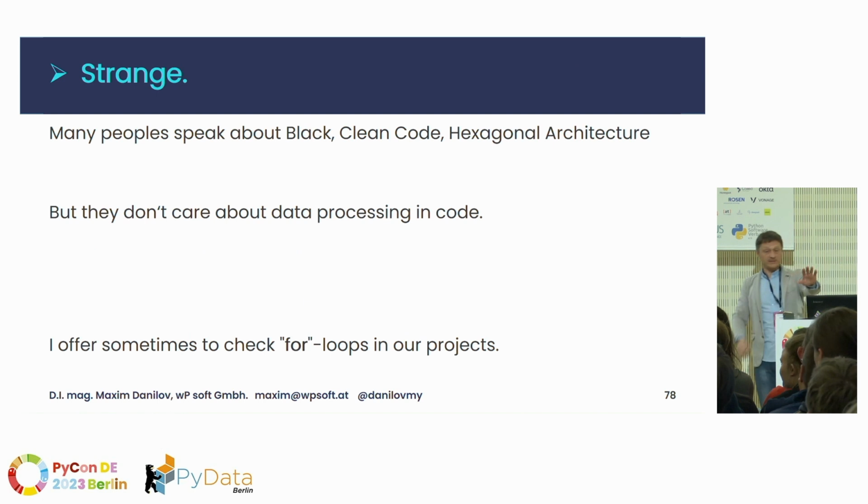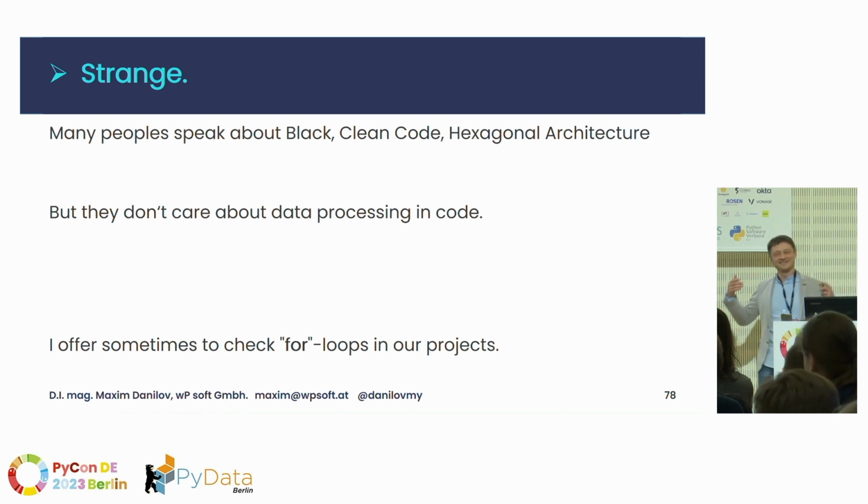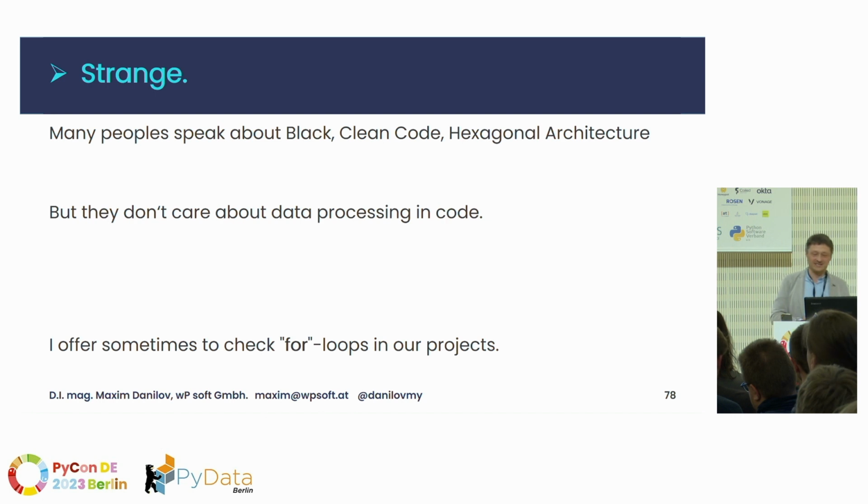Strange. Many people speak about black, clean code, hexagonal architecture, but they don't care about data processing in code. It's strange for me. I don't want to criticize, but sometimes I suggest you check your project for for-loop statistics and think about it.